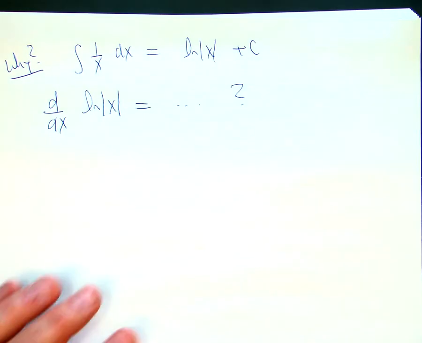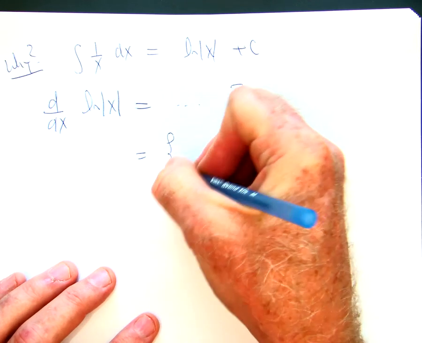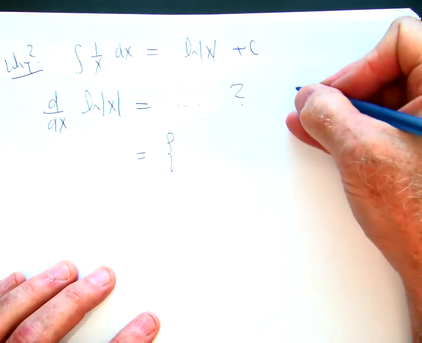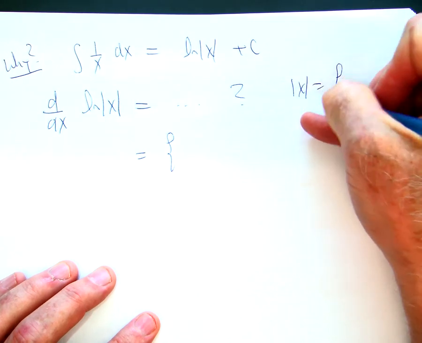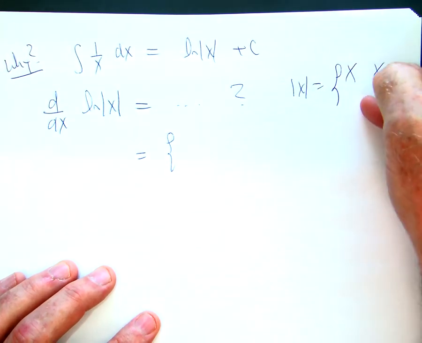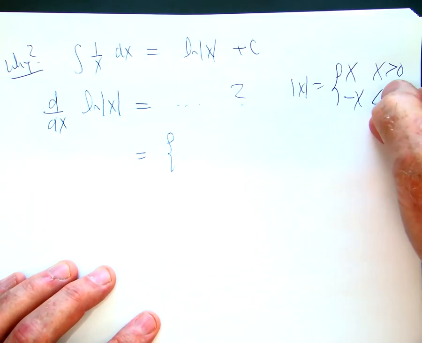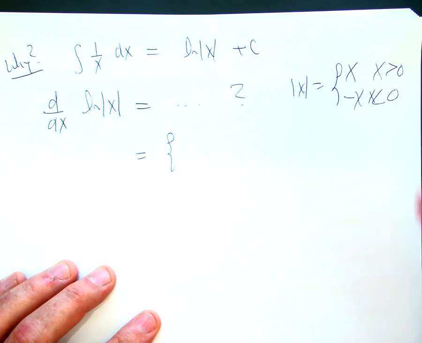So this derivative is going to be equal to, well, first of all, let's see here that remember, absolute x is equal to x when x is greater than 0, and minus x when x is less than 0.